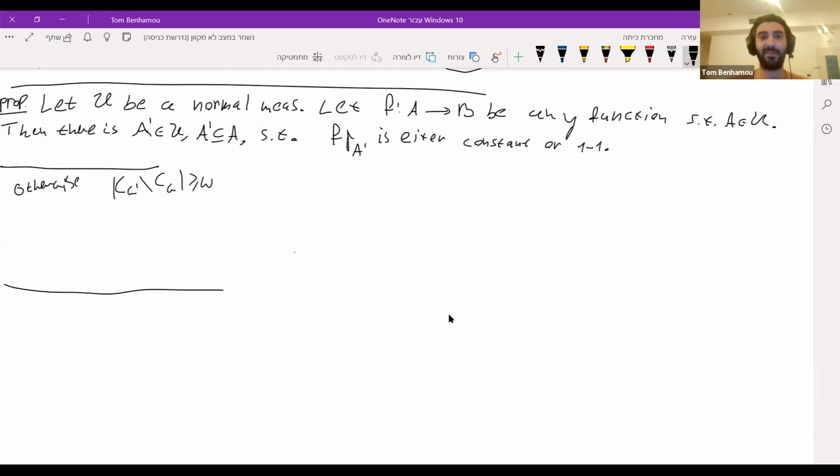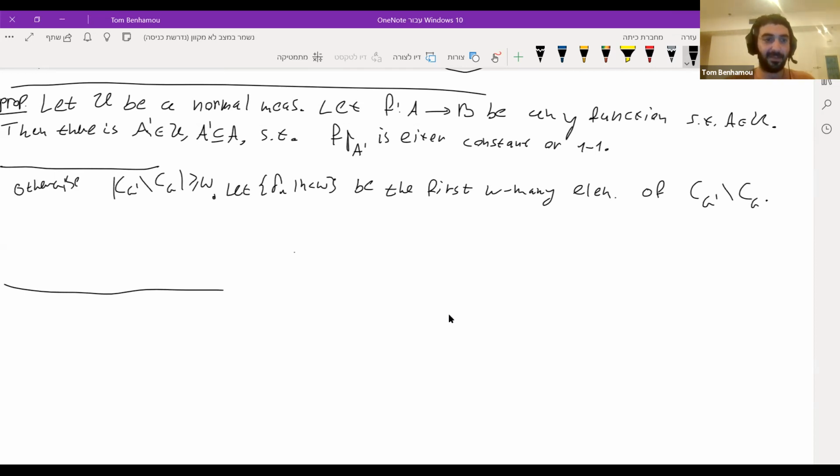So let us consider delta n, n less than omega, be the first omega many elements of this difference, CG prime minus CG. And let delta be the supremum of these delta n's.